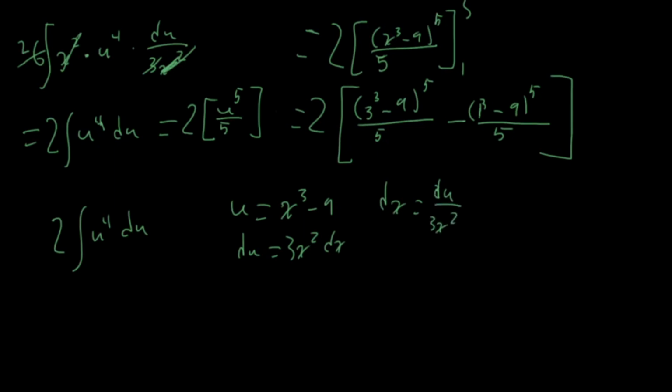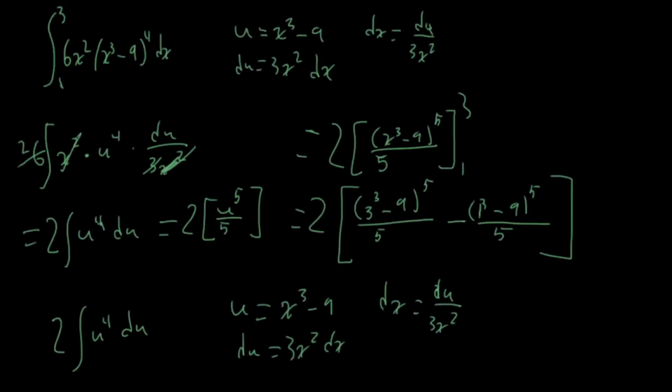And our original bounds were 3 to 1, or 1 to 3, my bad. So in here what we did was that we plugged back in our u and then we dealt with our bounds. There's actually, in my opinion, an easier way where we just deal with our bounds from the start. And the way to reassign our new bounds so that we can actually just integrate with respect to u instead of x is to take these bounds and then plug them into our original u function here.